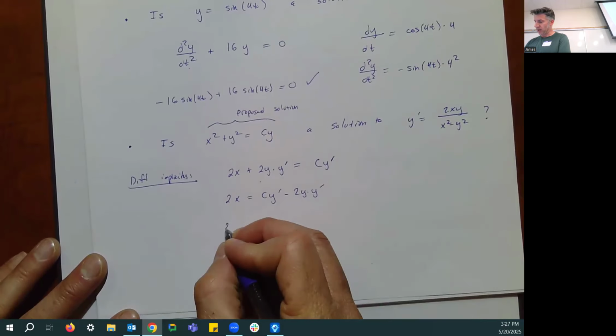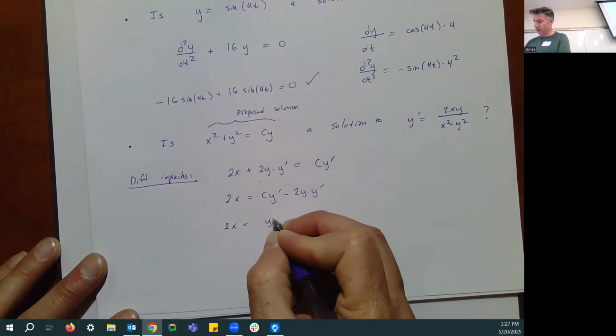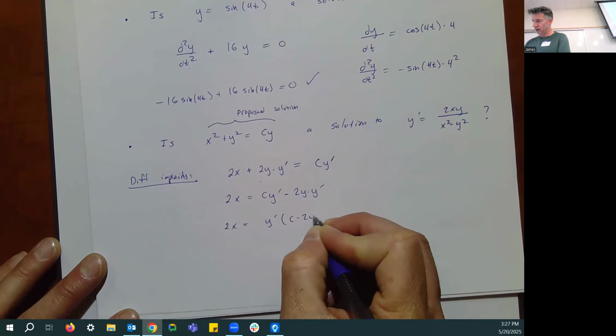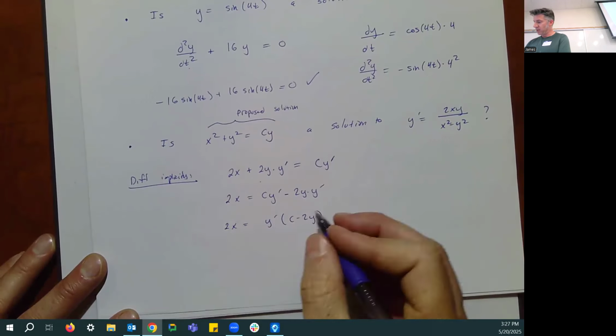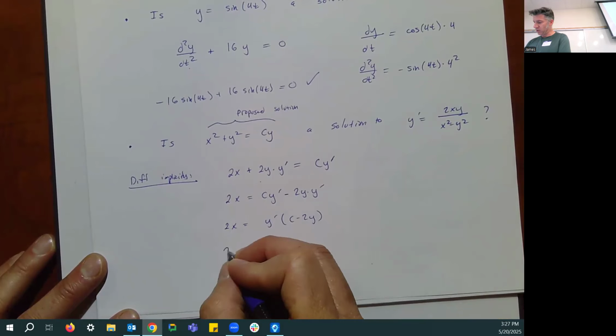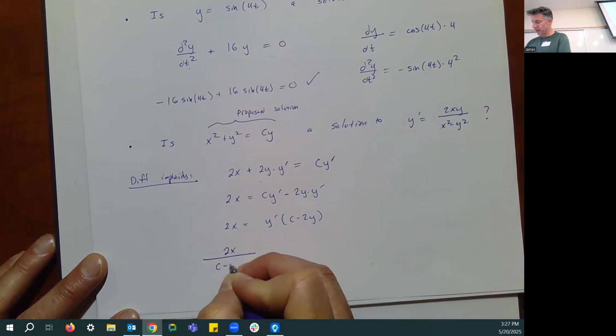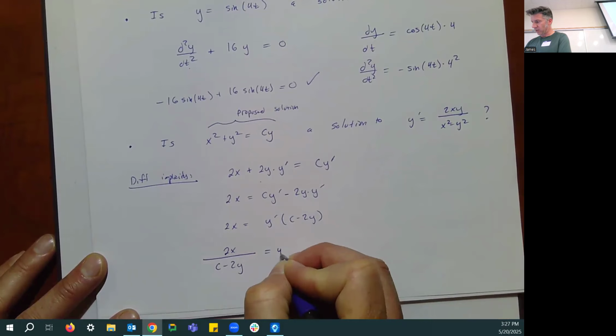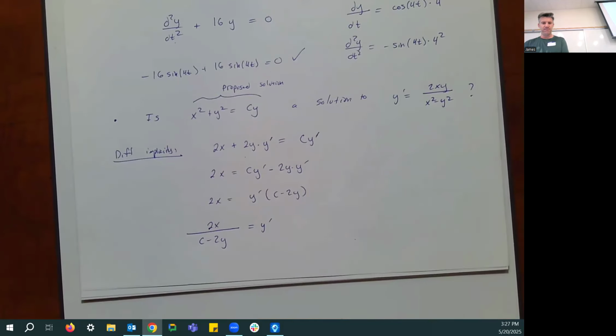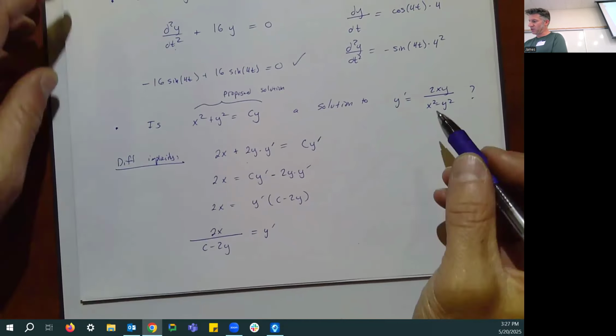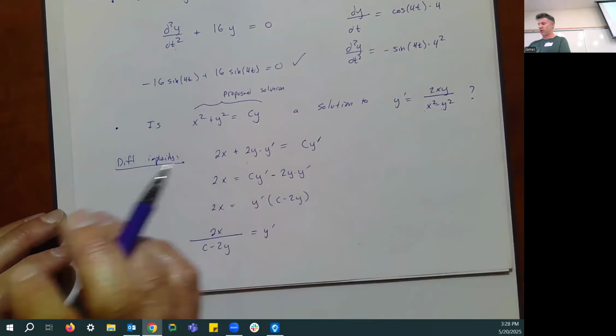So 2x is equal to y prime times c minus 2y. I'm going to divide by that. So then I get that 2x divided by c minus 2y is equal to y prime. Not quite there, right? y prime is 2xy over x squared minus y squared.